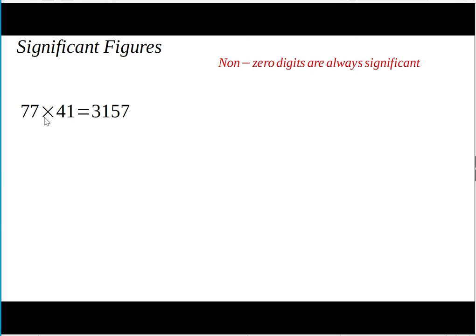Now, if we are given 77 times 41 and we resolve it, we get this. But if you are to write this in significant figures, this is not the answer.